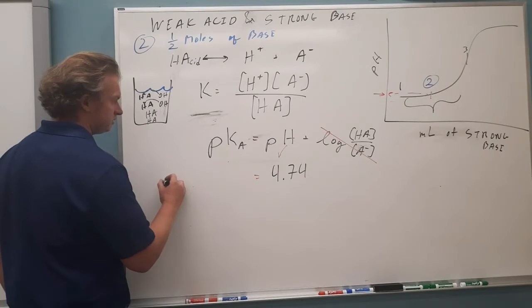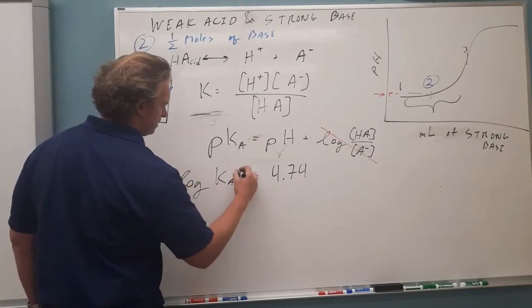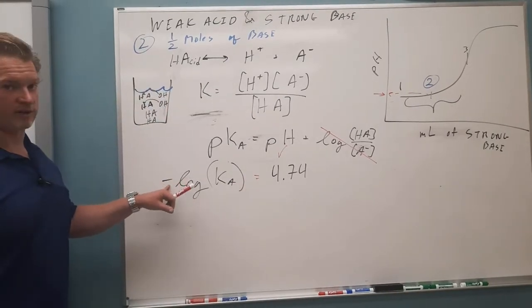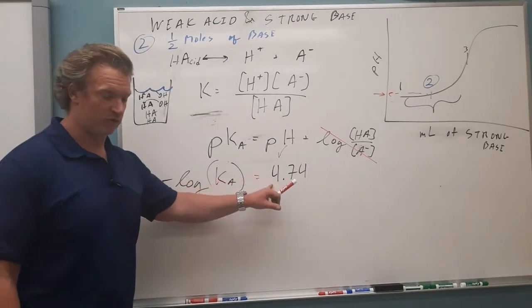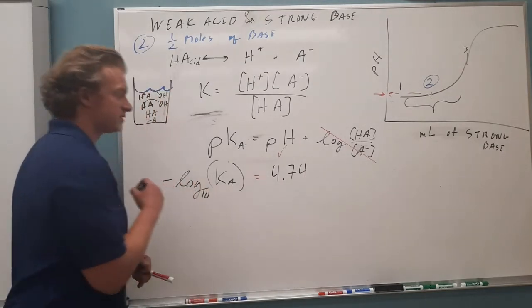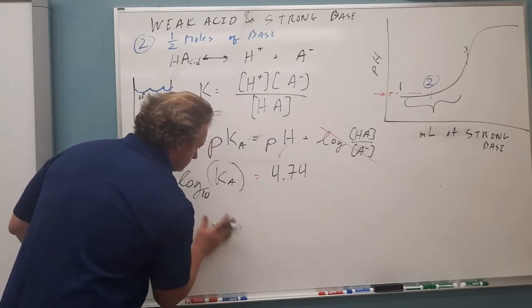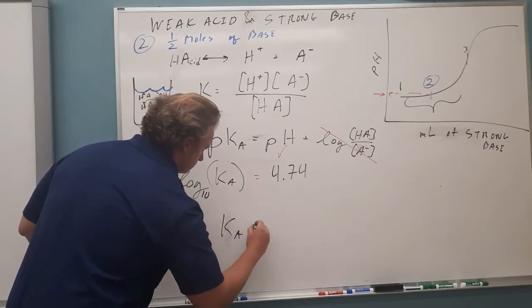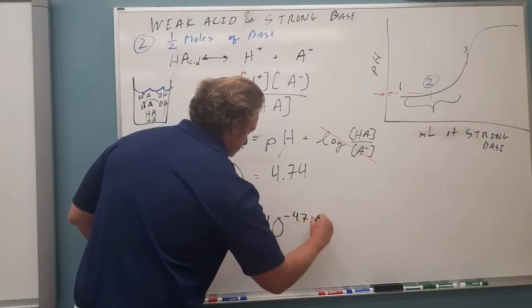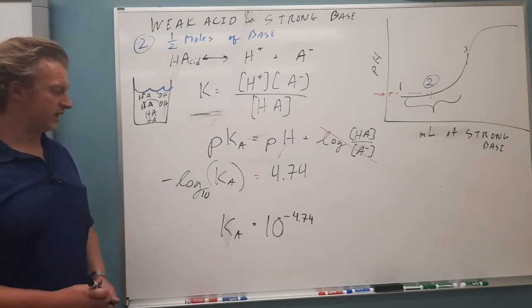Over here, you can solve for the Ka by getting rid of the negative sign, moving it over to the other side of the equation, and doing the inverse log. These are log base 10s. That is how you isolate that and solve for the Ka value.